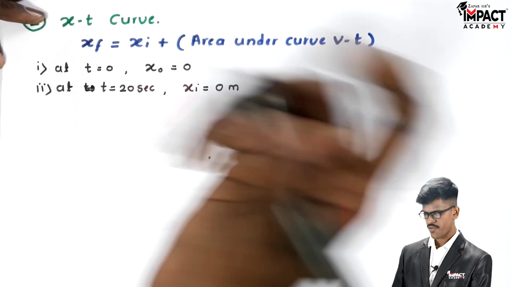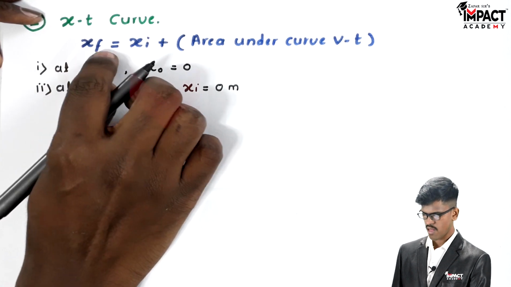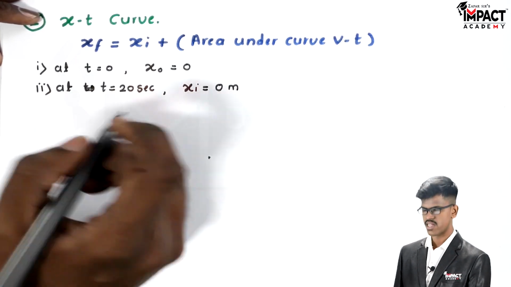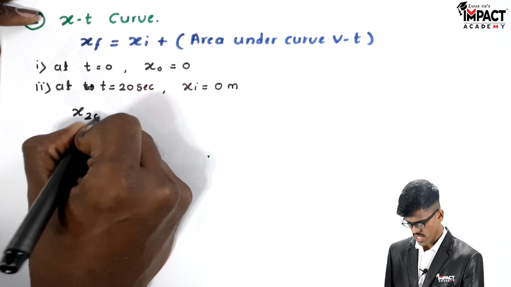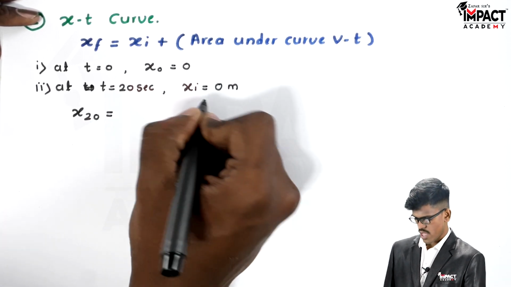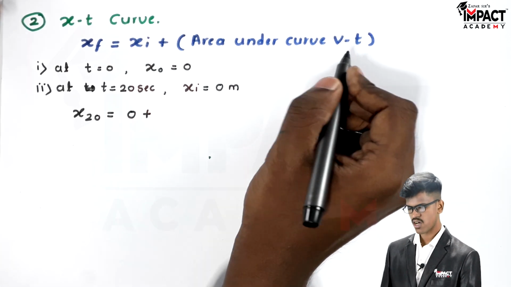Okay, we have to find the x20, that is the final position. The formula is final position is equal to xi plus area under the curve v-t. So x20 is equal to 0 plus area under the curve v-t.